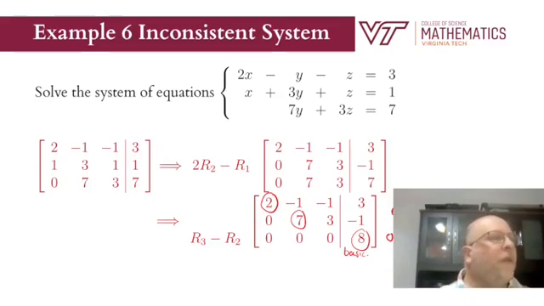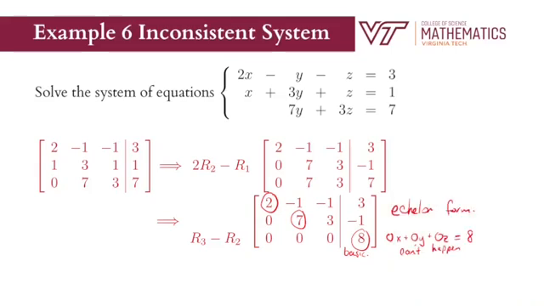Let me move this out of the way. There we go. That can't happen. Having a leading entry in the augmented column means that the left side of the equation is 0 and the right side of the equation is not 0. And so we say that this system of equations is inconsistent because it cannot be solved. There is no solution.